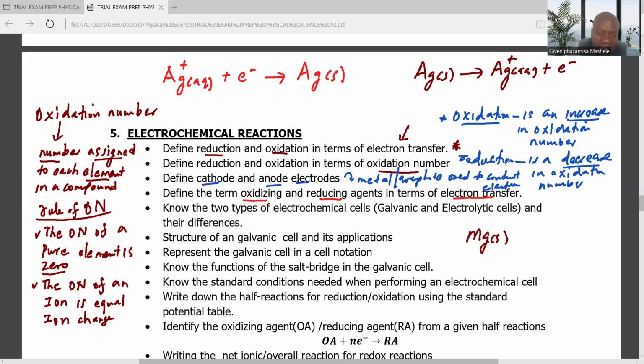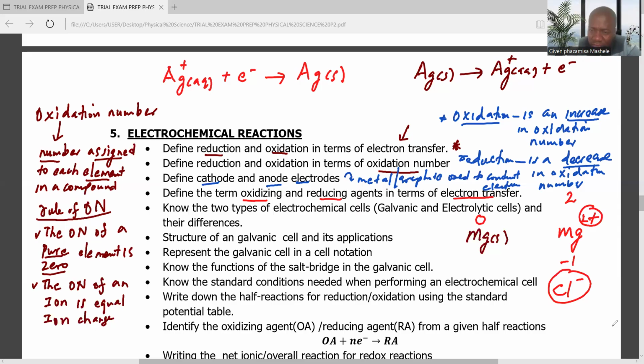Since this is a pure element, its oxidation number is always 0. But if I write magnesium ion, this is now an ion, not an element. So the oxidation number of an ion is the ion charge itself, so it's +2. For example, if I write chlorine as an ion, the oxidation number of this ion is the ion charge itself, it's -1. Once you know this, it will be easier for you, ladies and gentlemen.